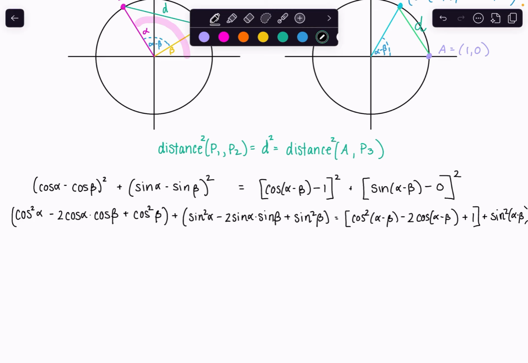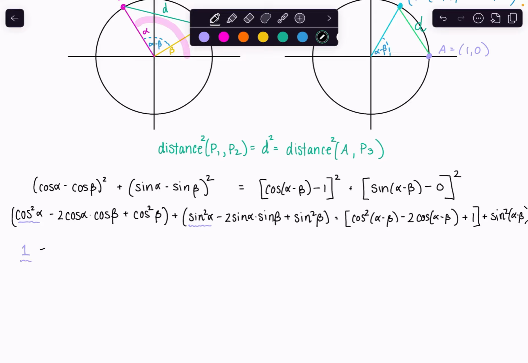Okay. So here's where we're going to use a lot of Pythagorean identities. So if I look, I've got cosine squared of alpha plus sine squared of alpha. Those are going to simplify to 1. Okay. Because I can just drop all of these parentheses.